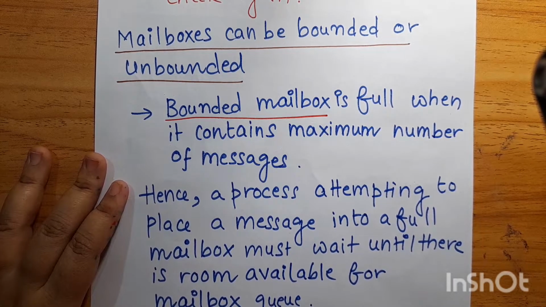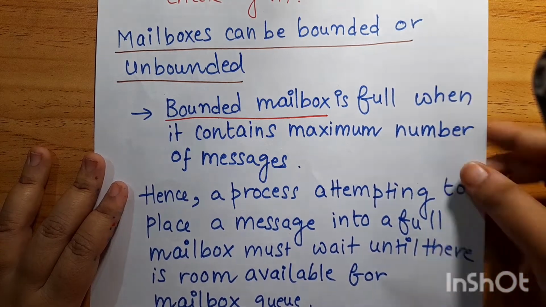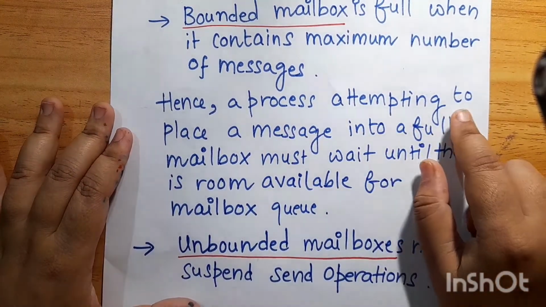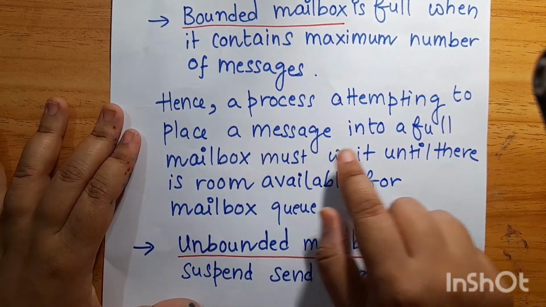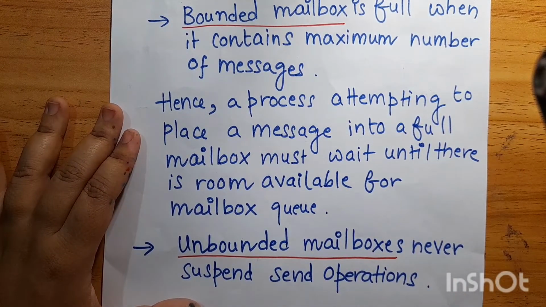So what does the bounded mailbox do? When the bounded mailbox is full, that means it has the maximum number of messages. If a process tries to place another message into a full mailbox, the process has to wait until there is room, until there is space in the mailbox queue. What is an unbounded mailbox? An unbounded mailbox never suspends the send operation.